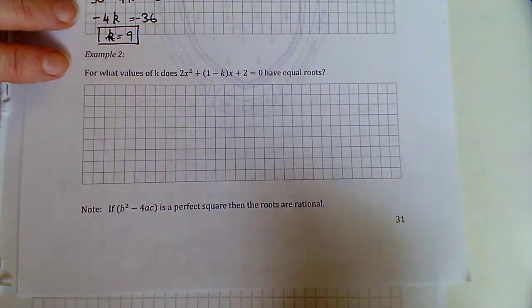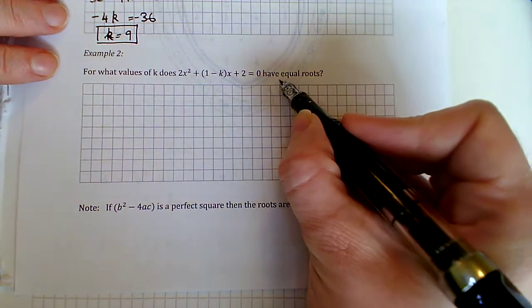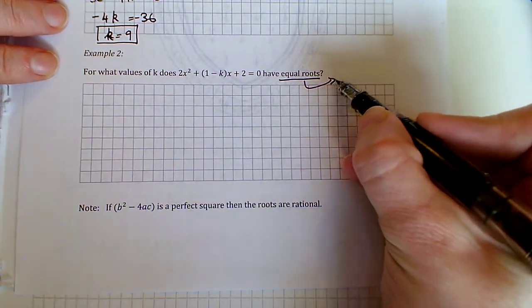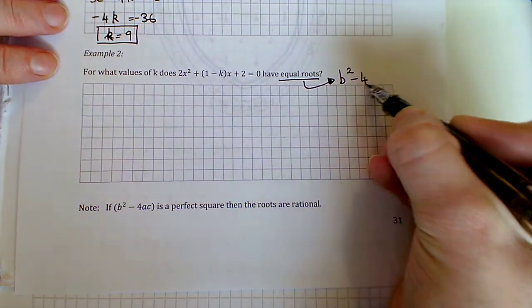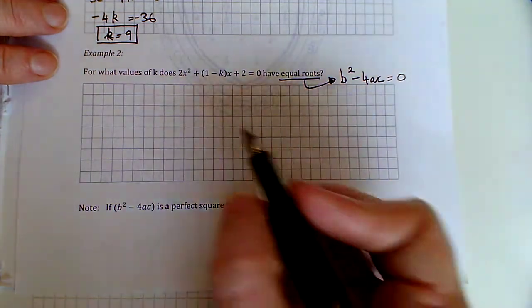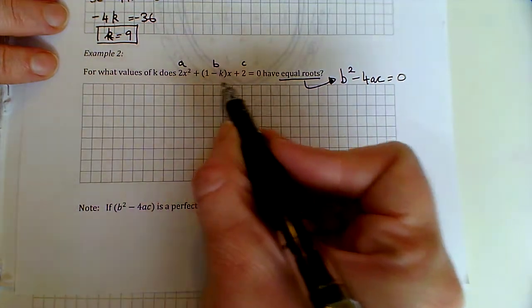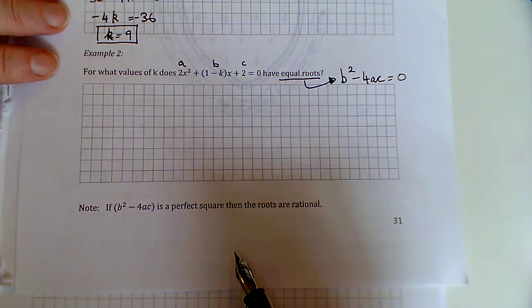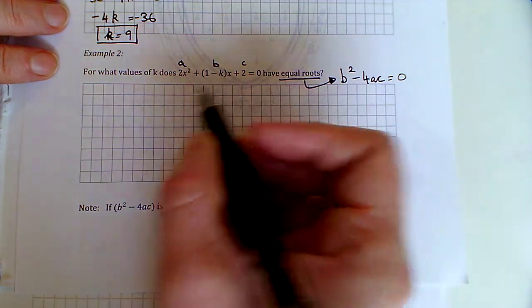Now, if we look at a question like this, for what values of k does this have equal roots? So again, equal roots is the big one that we tend to get asked about. b squared minus 4ac equal to 0. A, B, C. It's a little bit less clear in an equation like this, but the coefficient of x is 1 minus k.